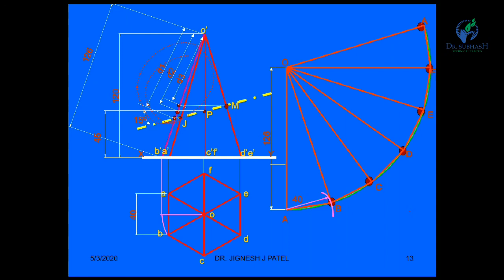You can see here all these distances. So we mark all these points at the given distances D1, D2 and D3 on the respective lines on this development.